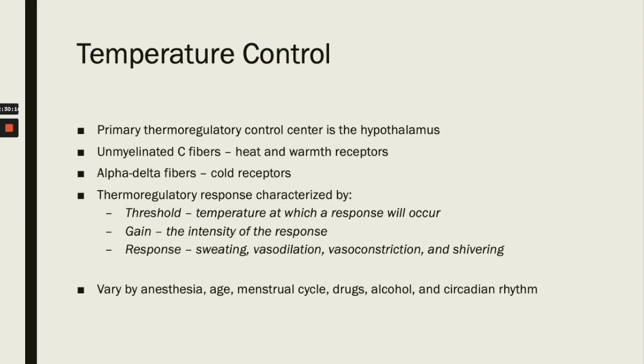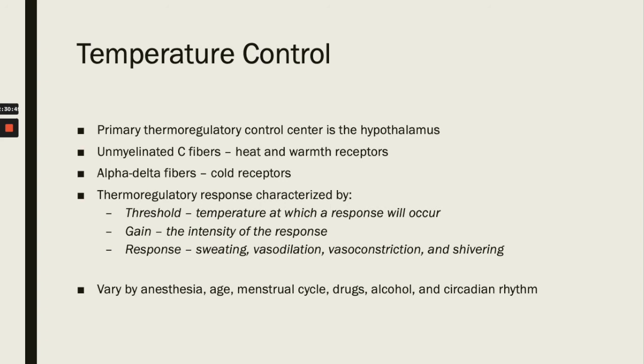Our thermoregulatory response is characterized by threshold, gain, and responses. Threshold is the temperature at which a response will occur. Gain is the intensity of that response. And our responses are typically, to being hot, sweating and vasodilation, and to cold, vasoconstriction and shivering.